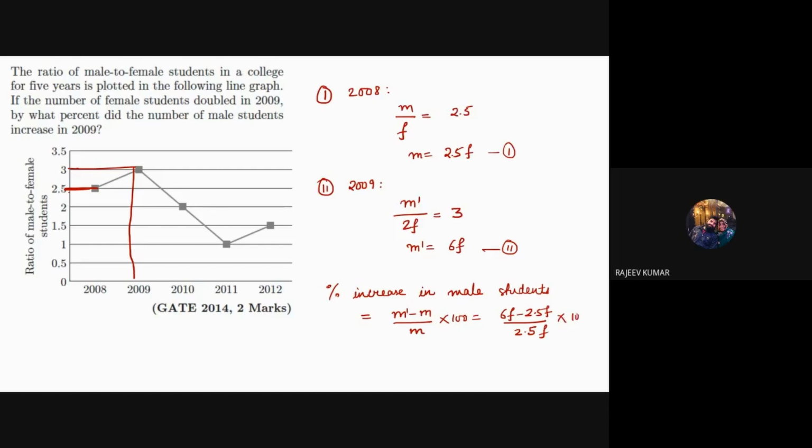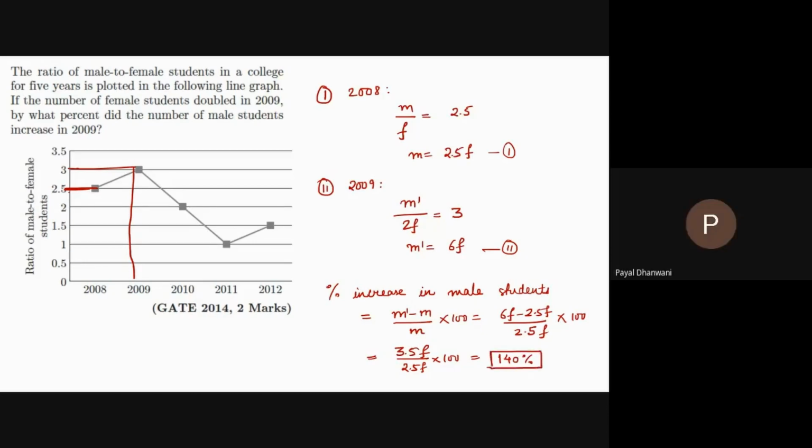Right. Although I have calculated everything in terms of f, it will get cancelled. Right. So 3.5f over 2.5f into 100. So what answer will we be getting over here? 140%. Yes, correct. Very good. 140%.